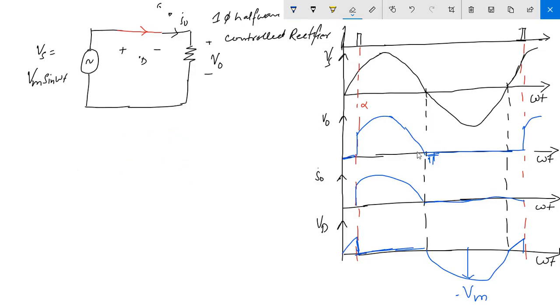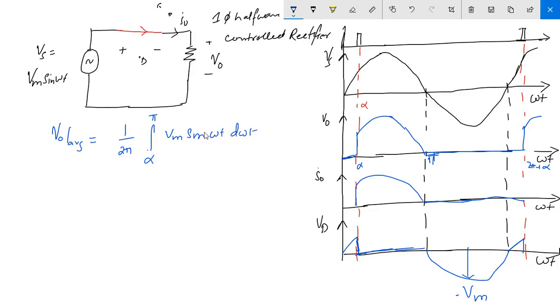Okay, so let us talk about this waveform. I want the average value of your output voltage. It starts from alpha and goes to pi, and again starts from 2 pi plus alpha, so I can write 1 upon 2 pi integration from alpha to pi, and the waveform is Vm sin omega t d omega t.